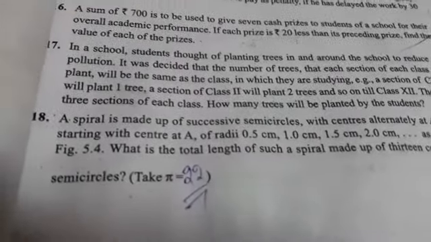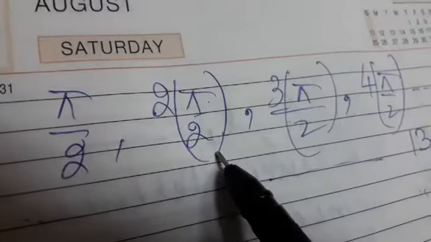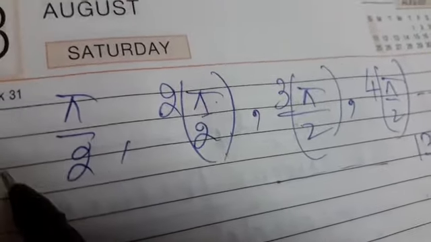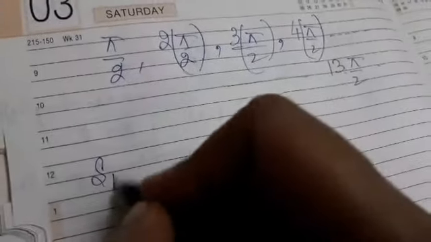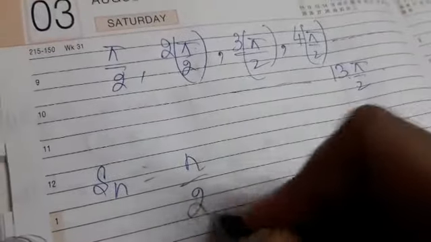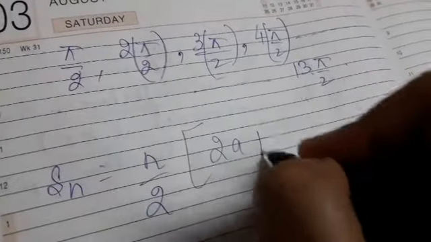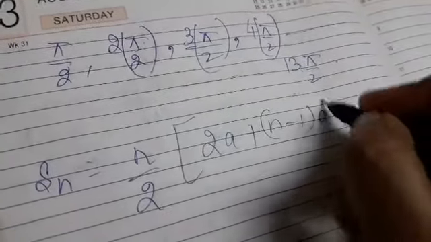Now, as I told you that I have not taken the value of pi, once only I will substitute. Now, if I take out pi common, okay, now you know the sum of the n terms is given by the formula n by 2 into 2a plus n minus 1 into d.